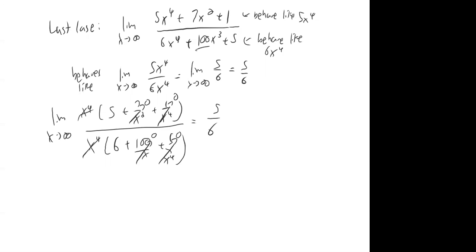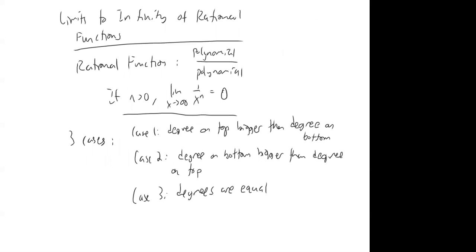So let me go back. Now we could conclude, right? In case 1, when the degree on top is bigger, it goes off to plus or minus infinity. In our example, it was plus infinity, but if there was a minus sign, it could have gone to minus infinity.